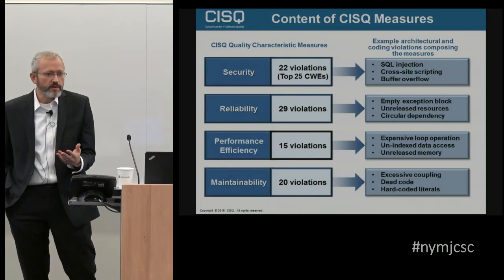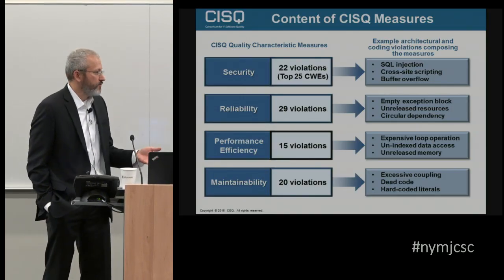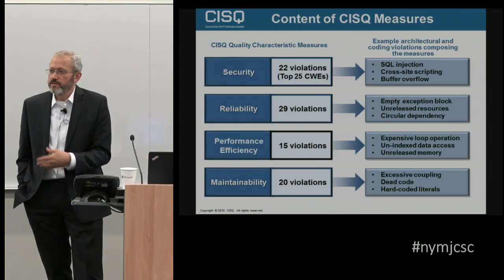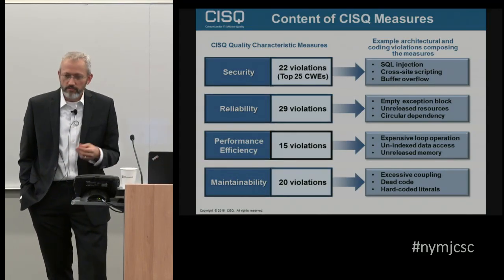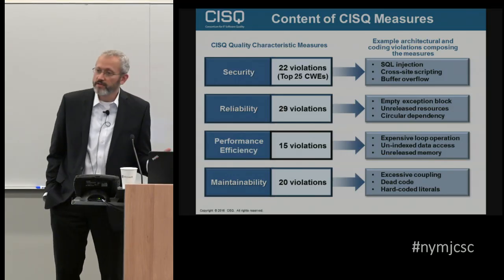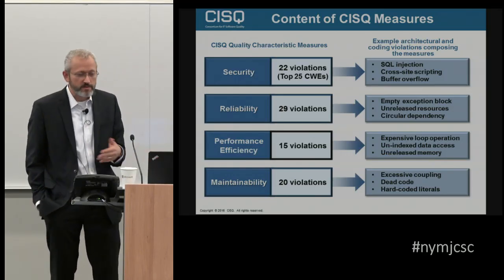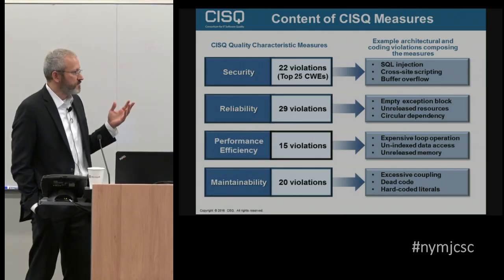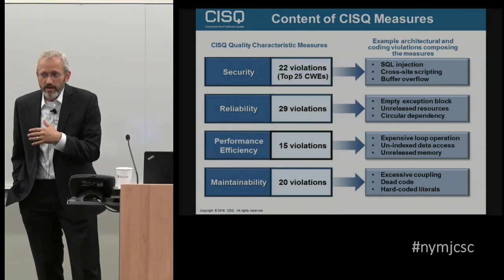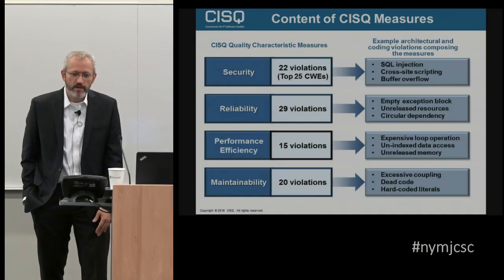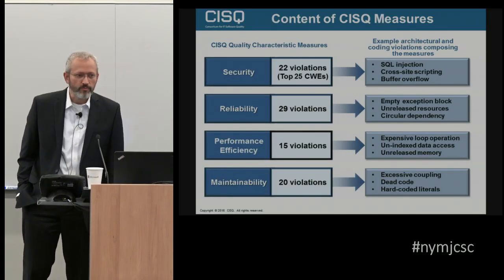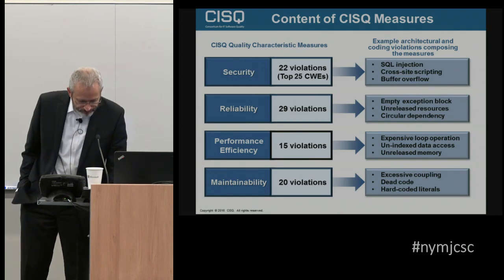So it's basically a set of problems that you're looking for in the software that, in the security context, could be a vulnerability. In the reliability or quality context, they could just be problems that cause a system to fall over, or, in the case of performance efficiency, problems that cause a system to be inefficient. And then maintainability is something that I think we all probably understand.